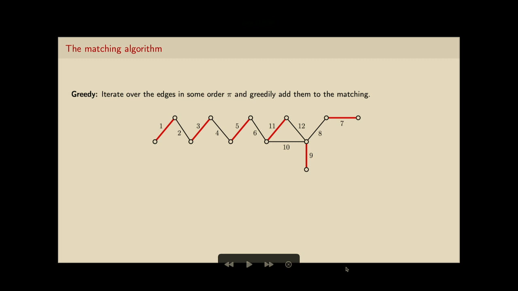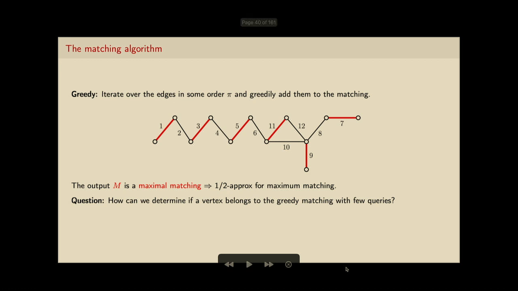Okay? Right, so as I said, we cannot find a constant fraction of the edges of this matching in subquadratic time. So instead, the oracle that we want to design should answer these queries more locally. And this is a maximal matching, so it obtains a half approximation. It only remains to define the oracle.